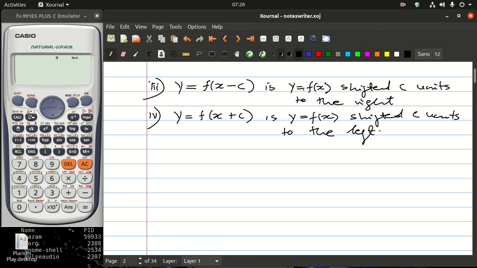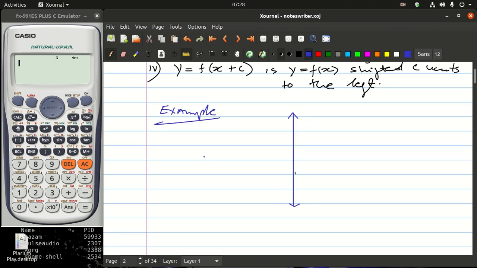An example would be, I have this nice function here. And of course, this is y and this one is x.